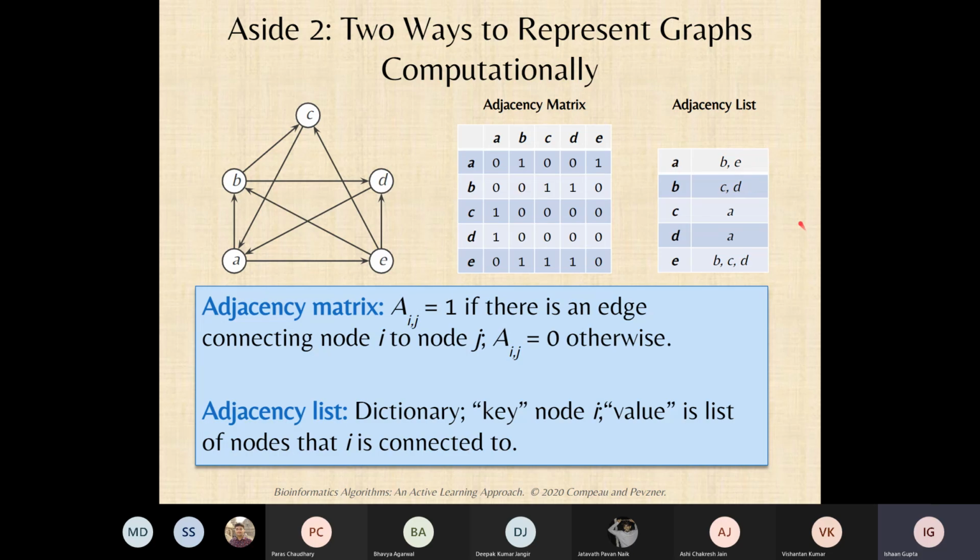Now, given these representations, it's quite easy to apply the algorithm that I showed earlier. You can either go in the matrix fashion or in the linked list fashion.